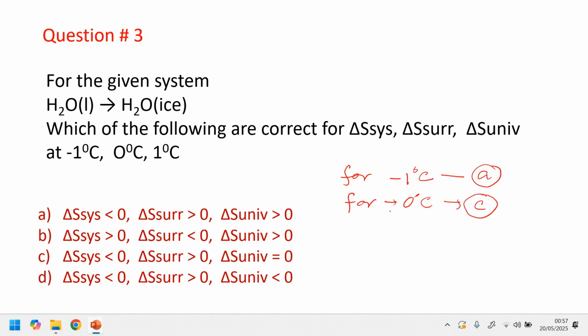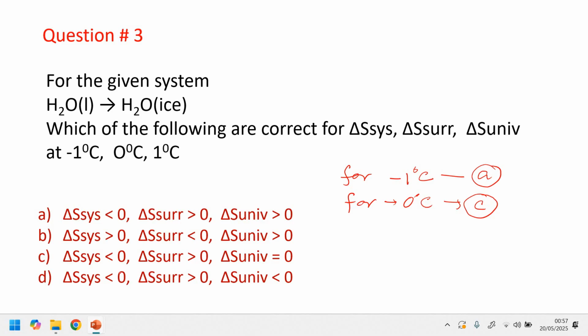Now coming to 1 degree centigrade. 1 degree centigrade means it is non-spontaneous. Non-spontaneous means total entropy change less than 0. So less than 0, only one option is there, that is D. And entropy change of the system will be less than 0 because heat is released. So entropy change of the surrounding is greater than 0. It is less than 0, it is greater than 0. So overall it is less than 0.